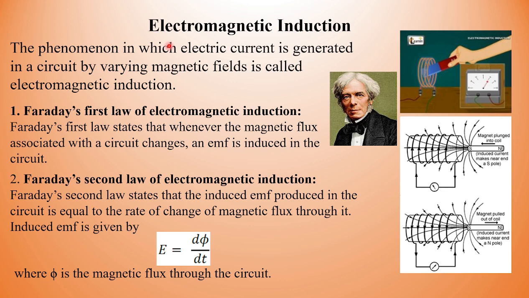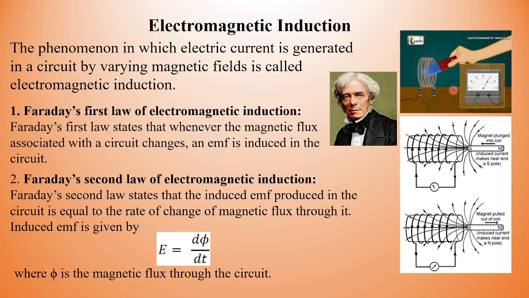That phenomenon is called electromagnetic induction. It was introduced by Michael Faraday, one of the famous physicists, who did a lot of interesting experiments. The phenomenon in which an electric current is generated in a circuit by a varying magnetic field is called electromagnetic induction.